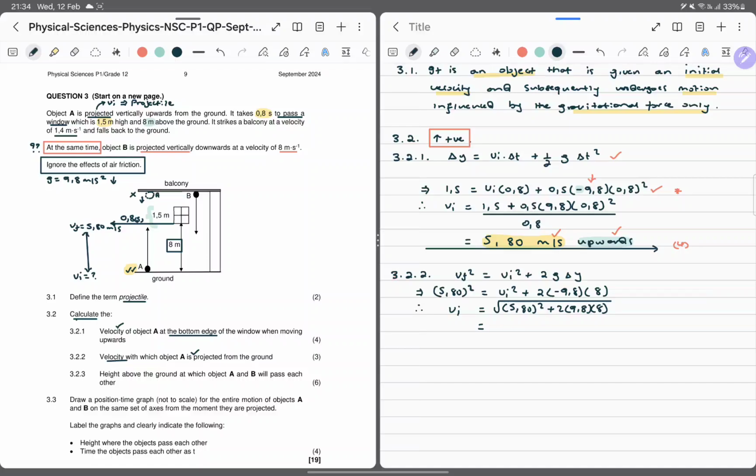This is why doing physics without doing maths is suicide, guys, because if you don't know maths, simplification is maths, isn't it? Now if you don't know maths, it means you are bluffing. So 13,80 meters per second, again upwards, because this is positive, so it comes out following our choice of direction for the entire question.